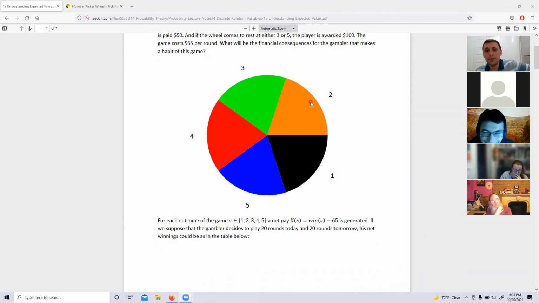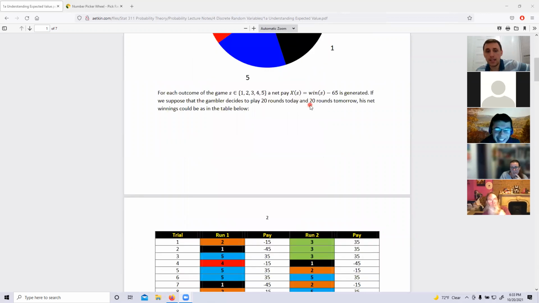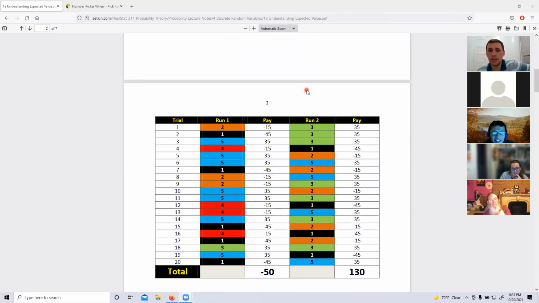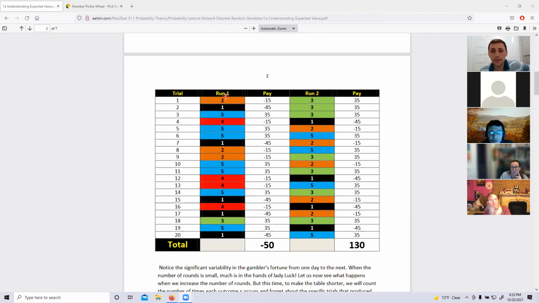So let's say the gambler decides to play the game on 2 weekend days, Saturday and Sunday, for 20 rounds each.